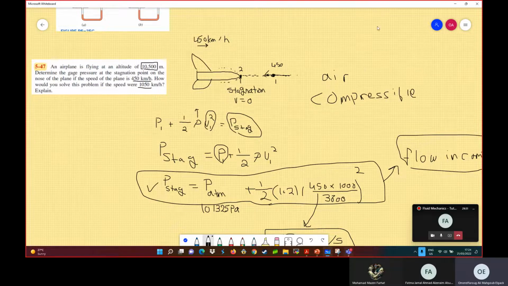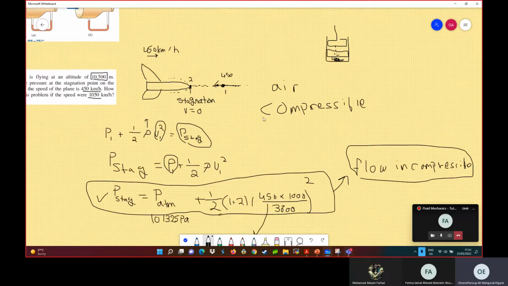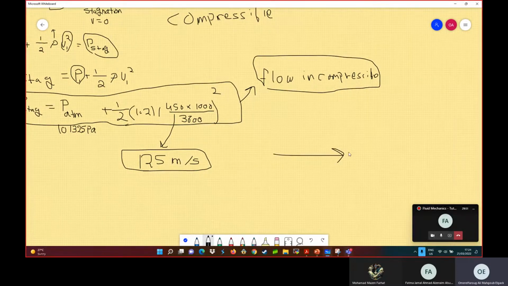If you have a piston cylinder with air in it, you can compress it freely, right? You can move this piston to here and compress the air in the compartment. So the air itself is compressible, but when the air is in motion, the flow itself can be either compressible or incompressible. How can I know that?